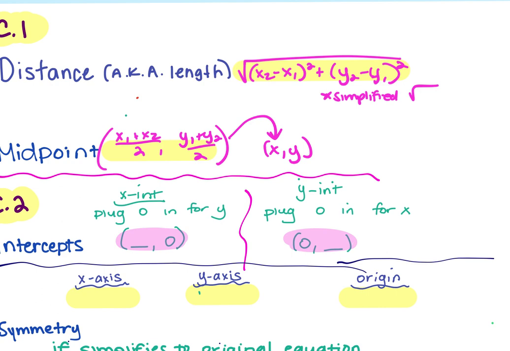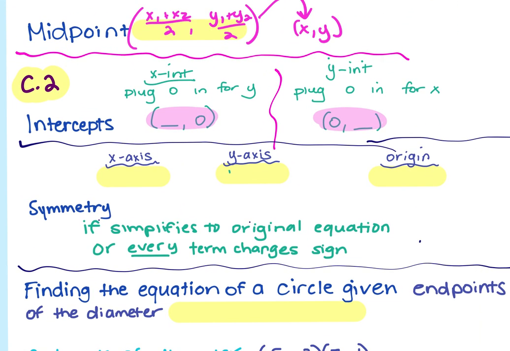Then came your symmetry. So for x-axis symmetry, we change y to negative y. For y-axis symmetry, we change x to negative x. And for origin, we change both x to negative x and y to negative y.